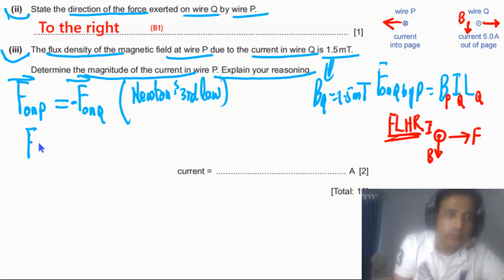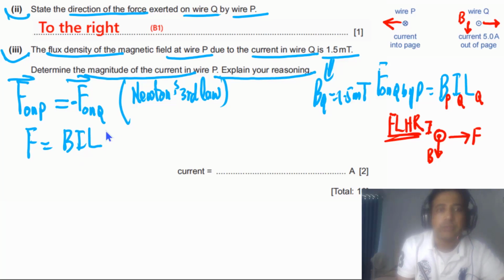Now simply we need to use F is equal to BIL. We need to determine, in this case, current in the wire, but in the last part we have already calculated force per unit length.